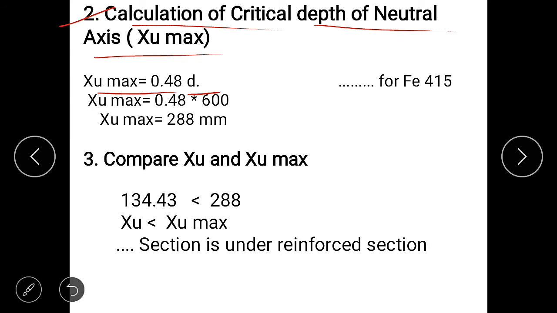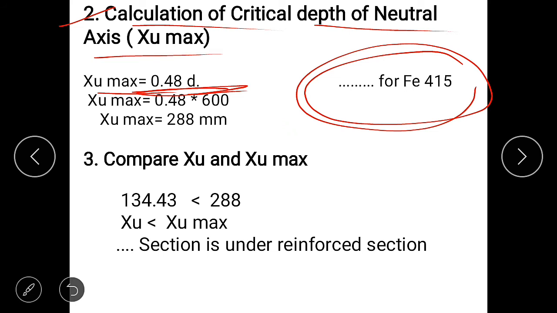In part 1 we already solved XU max, how to calculate the depth. This 0.48 D is for Fe415. For Fe250 the XU max value is different, for Fe415 it is different, and for Fe500 XU max is different. So for Fe415 the XU max value is 0.48 D.